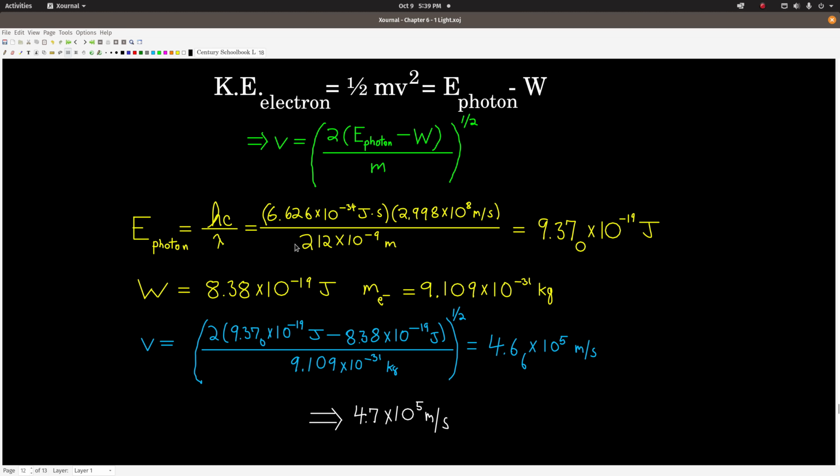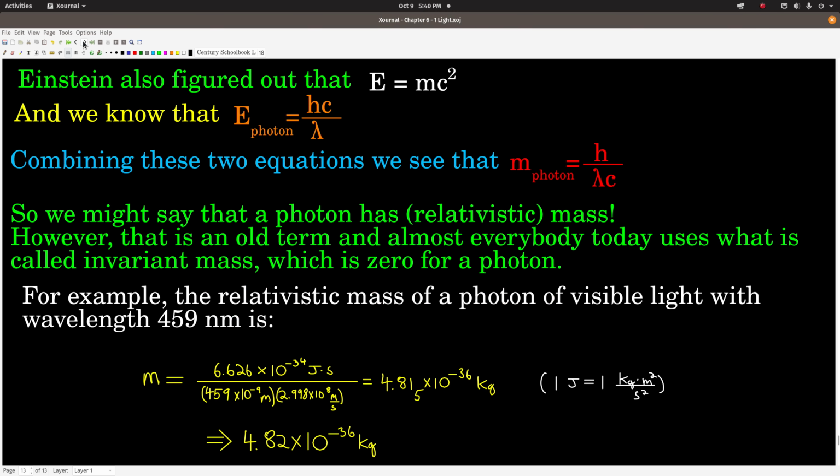We were given the wavelength as 212 nanometers, so this is Planck's constant times the speed of light divided by the wavelength in meters, so 212 times 10 to the minus 9th meters, and I get 9.37 times 10 to the minus 19th joules. We're given the work function for tungsten, and we know the mass of an electron. So we plug this in for m, this in for w, and we get 4.7 times 10 to the 5th meters per second. There we go. That's how you do it.